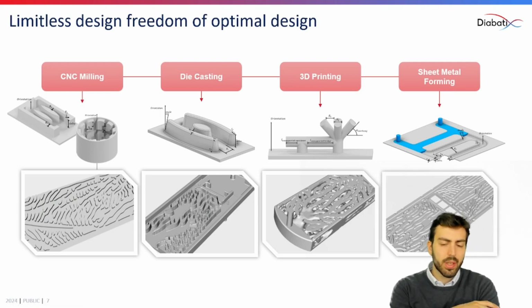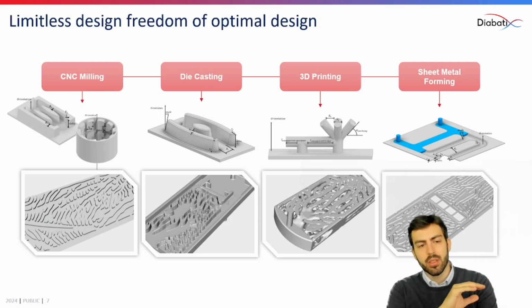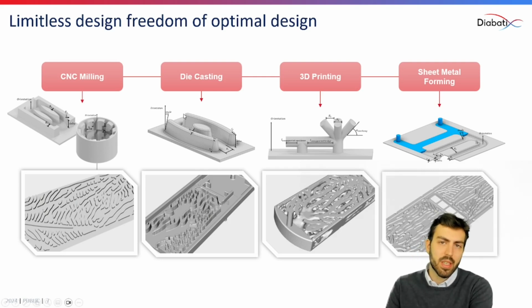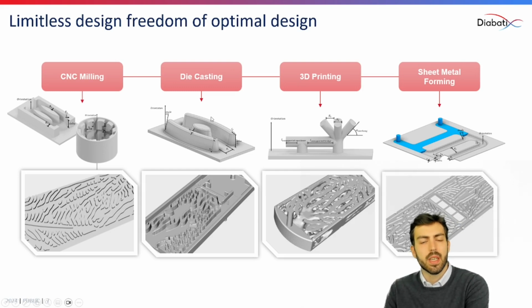Another constraint you can add in ColdStream is that you can constrain the problem to the manufacturing type. So for example, if you want to manufacture the heatsink in a CNC kind of way, you can do that. You can also do it radially if you want. Then you have the die casting option, if that's the way you want to go. We also have 3D printing and we have sheet metal. As you can see, you have control over every parameter of the manufacturing process.